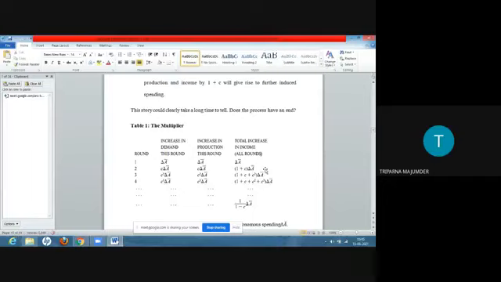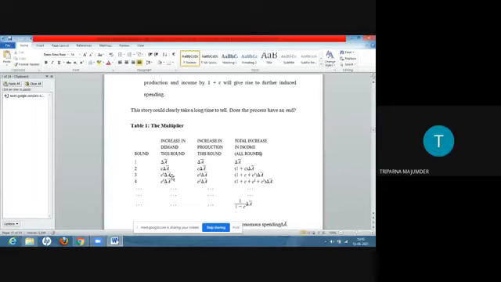For example, in the third round, what will happen? The demand will increase. There was an increase of production and income of this amount in the second round. So demand will increase by C into C delta A bar, that is C squared delta A bar.